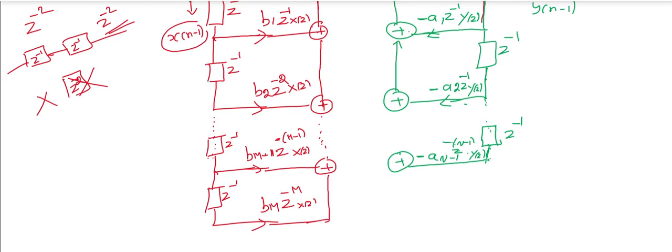So again you can draw this one, you can extend z inverse. So finally minus a n z minus n into y of z. So this rational function, all pole system, can be represented by this.